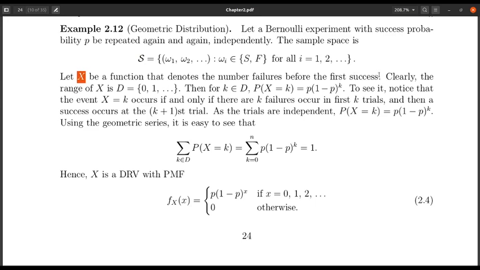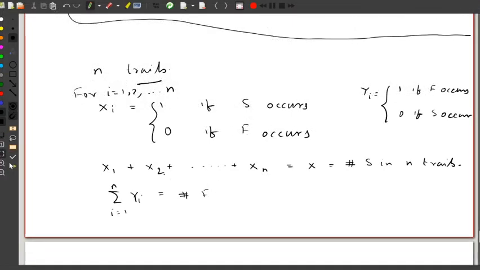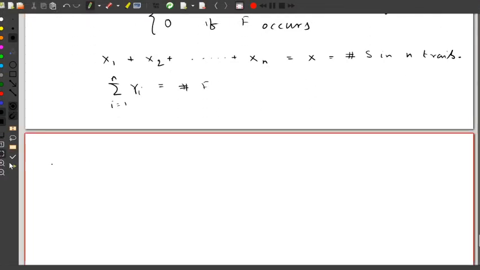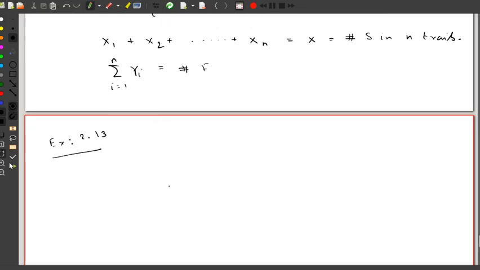So what does this mean? This basically means, for example, Example 2.13: I have head, and X of head is 0, so there is no failure before the success, if I call a head a success.